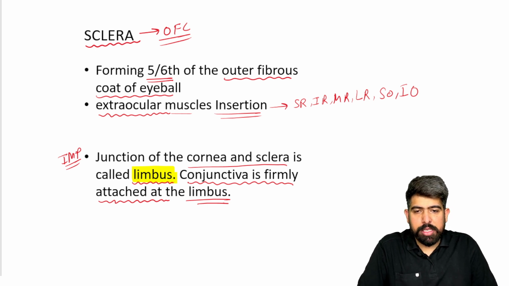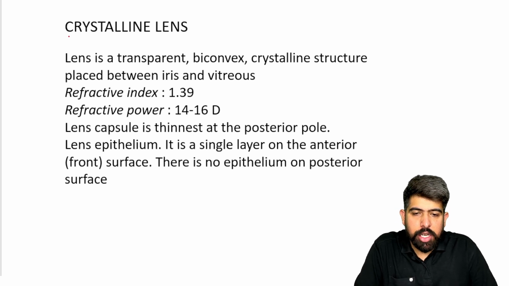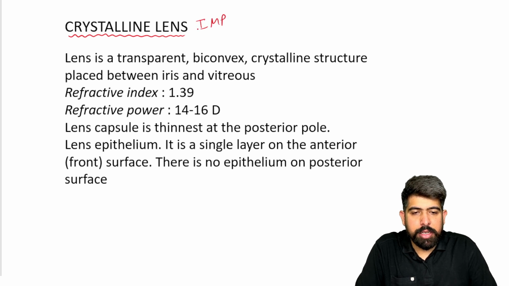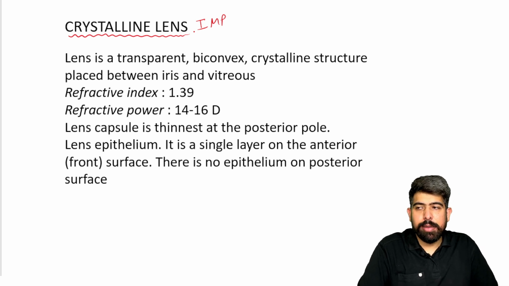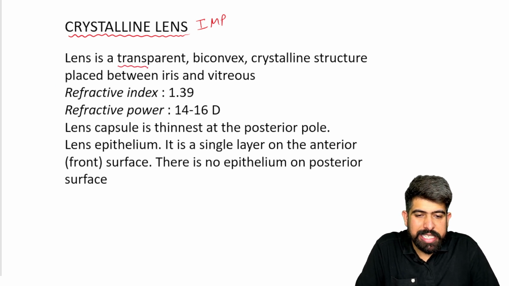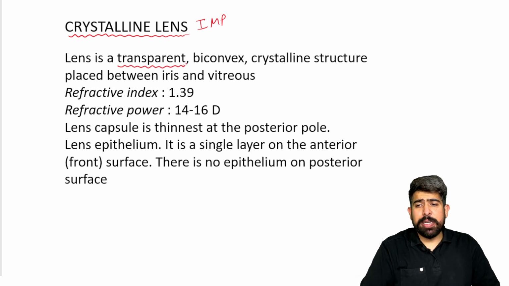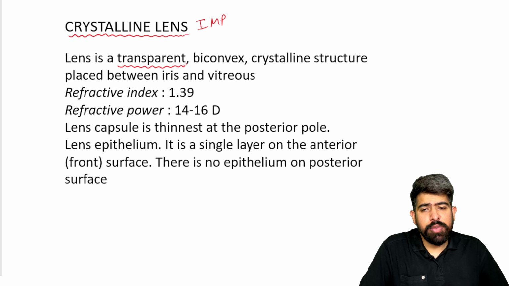The sclera is completed, so let's move forward to the next structure, the crystalline lens. A very important structure, and we have to know more about it. The lens is transparent, and as you already know, all transparent structures participate in refraction.